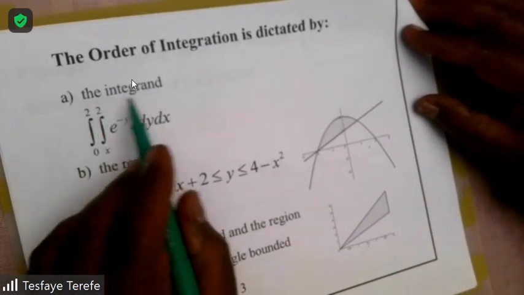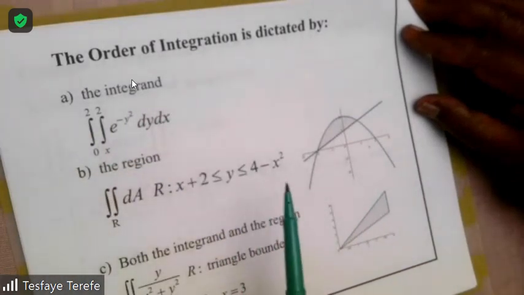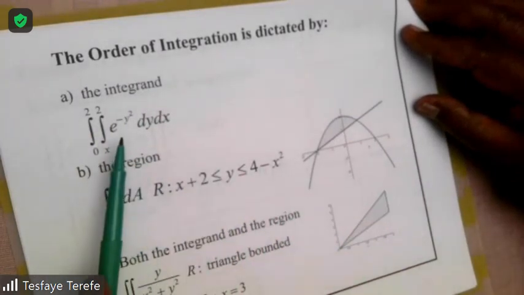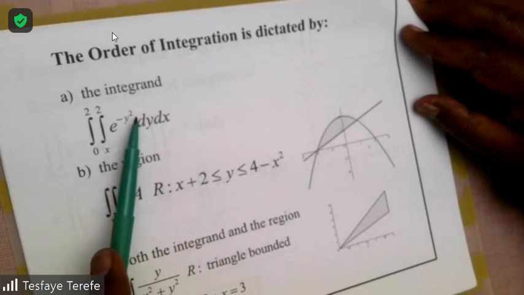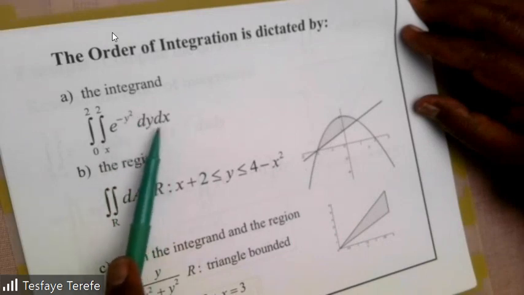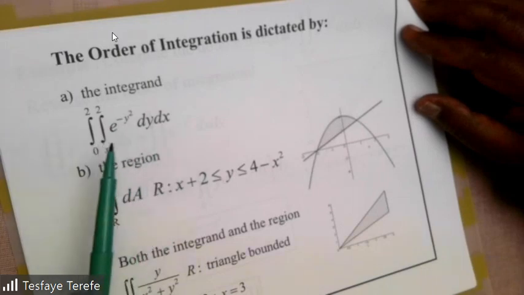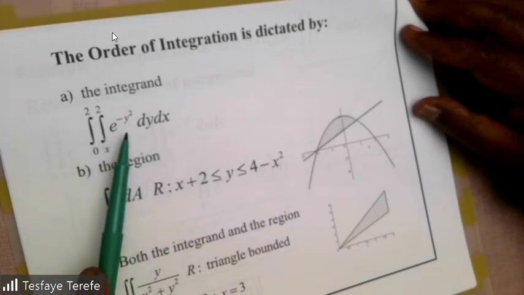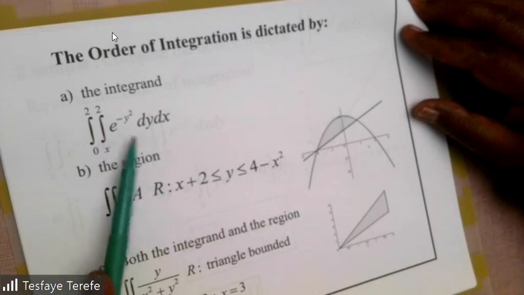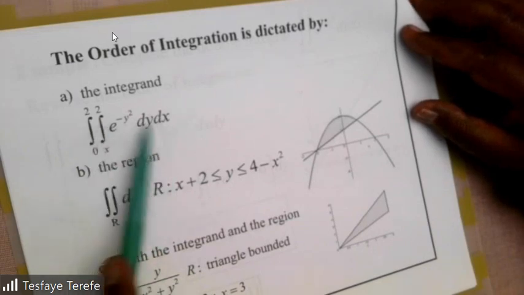One is the integrand itself. For example, you have e raised to negative y squared dy dx. If you try to integrate this with respect to y, no way, it's not an elementary function. Therefore, without any choice, we have to reverse the order.